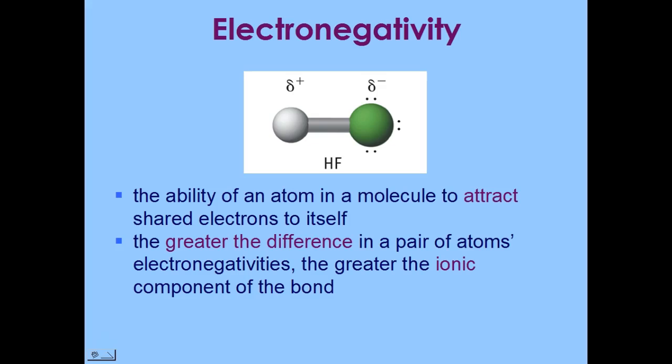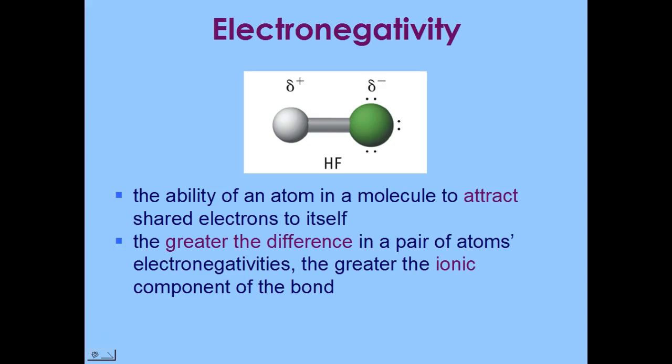It's the smallest, which means the nucleus is more aware of what's happening with that valence shell than with any other element in row 2, and it has one valence electron away from a full shell, while francium is one of your largest atoms, and it would have the smallest electronegativity because its valence electron is much further away from the nucleus because of the filled energy levels between it and the nucleus.